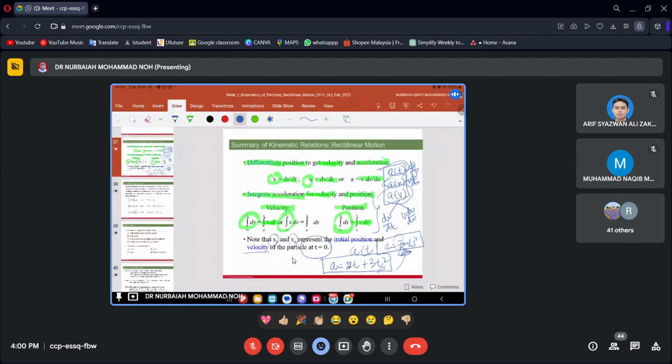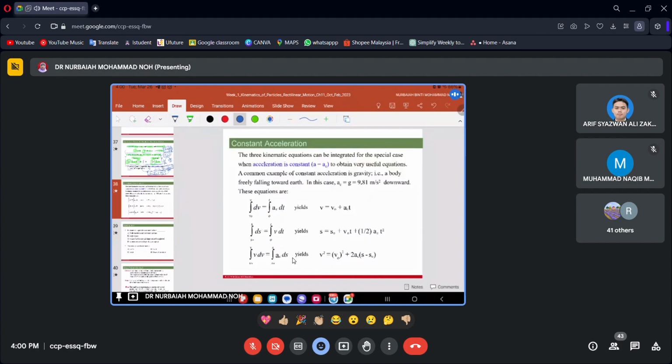Okay. Kalau a you based on these functions, the way to get the velocity and the position should follow this procedure. And what if your a is constant? If your a is constant, tak payah pening-pening kepala, tak payah nak buat apa-apa integration yang macam ni, kita boleh guna kinematic equations.